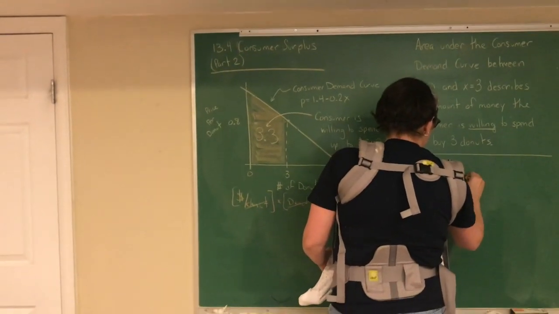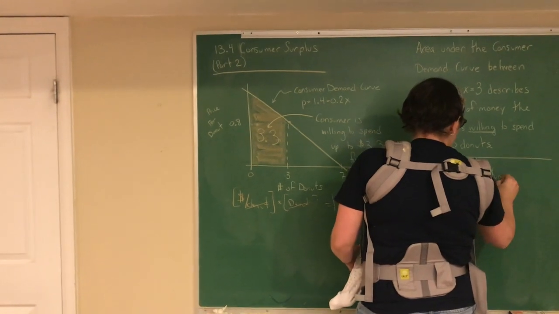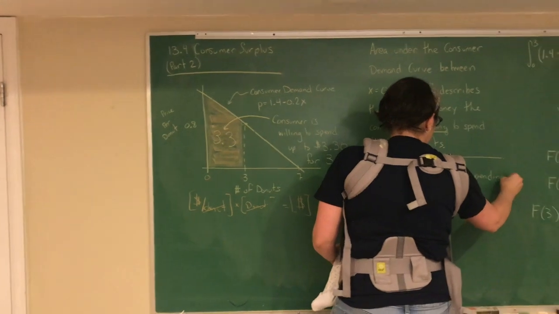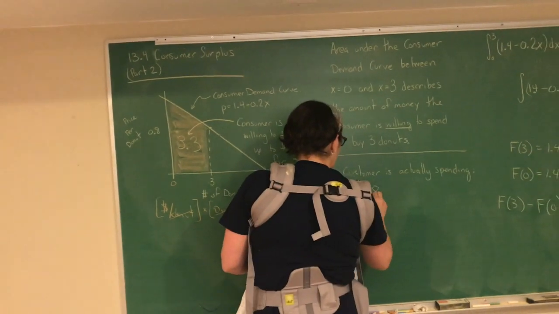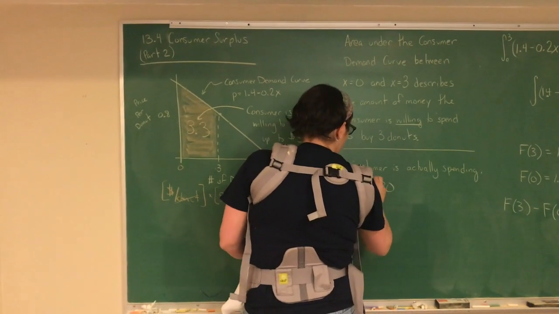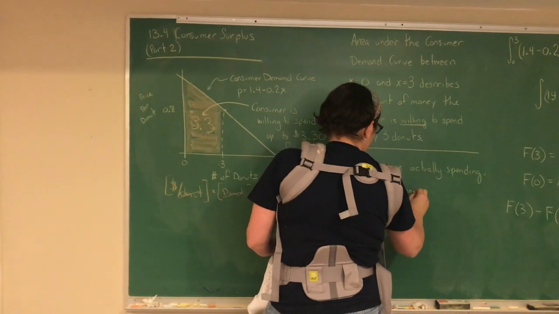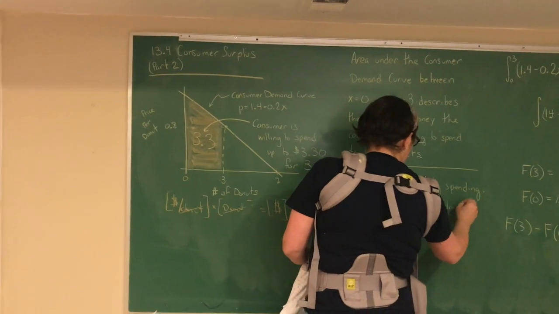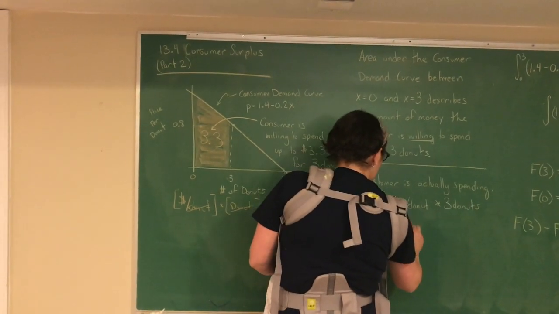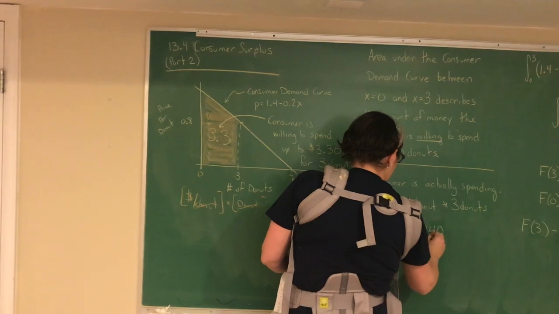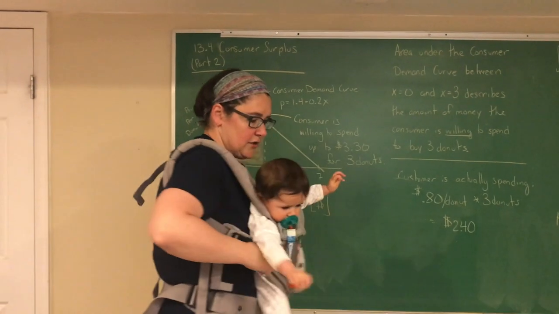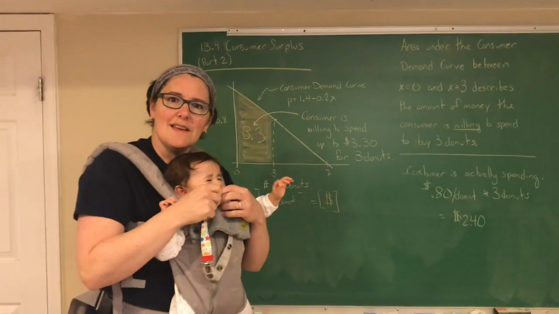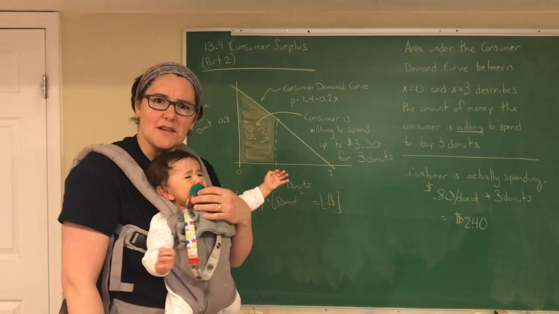The customer is actually spending $0.80 per donut times 3 donuts, which is $2.40. So the customer is willing to spend $3.30. They really only spend $2.40.